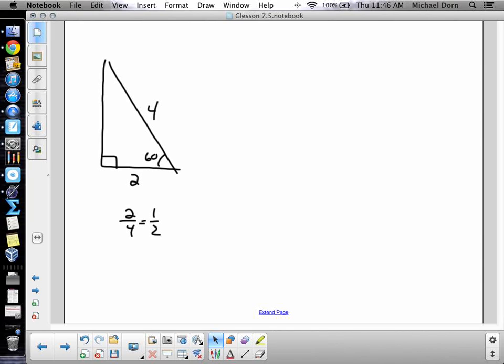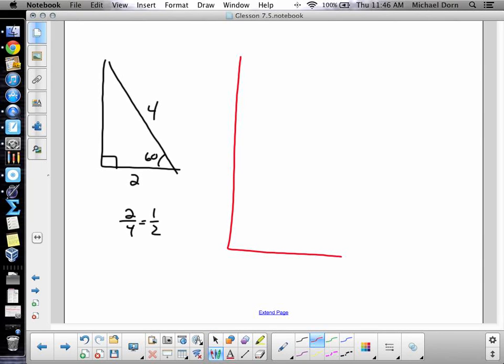If I have a much larger and more complex right triangle, that's a 30, 60, 90, and this side is 17 times the square root of 15, this side would have to be 34 times the square root of 15. The side lengths are different when the triangle is a different size.